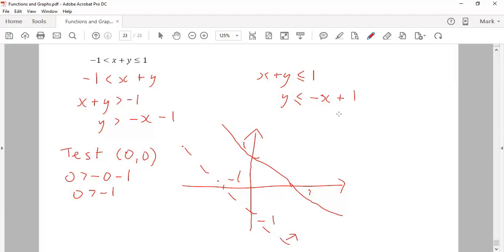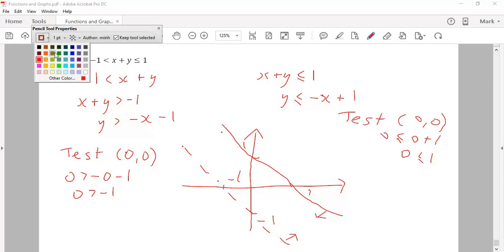And for this line, let's test 0, 0 again. So 0 is less than or equal to 0 plus 1. So 0 is less than or equal to 1. So we know that's true. So that means the region in common is just going to be in between those lines.